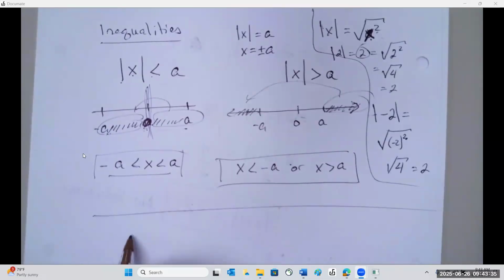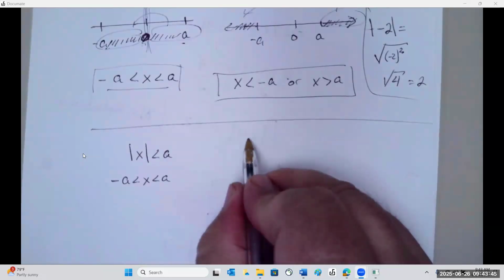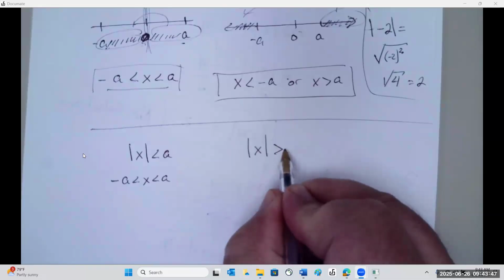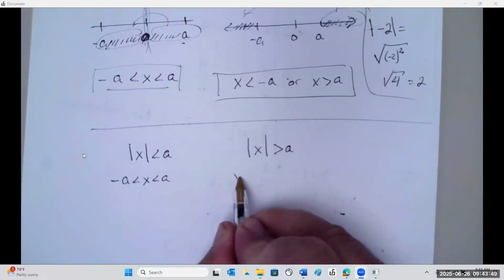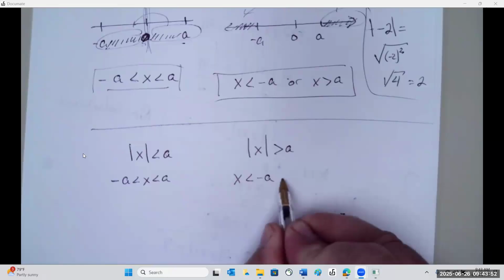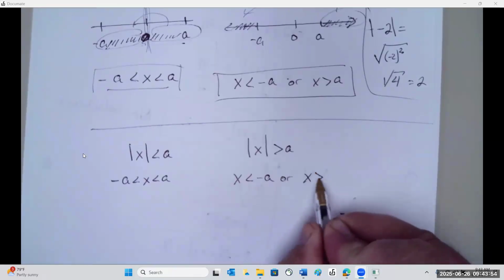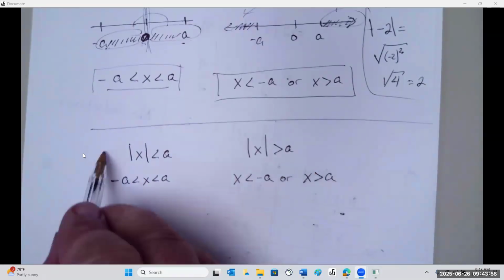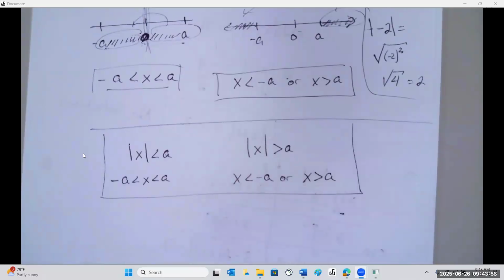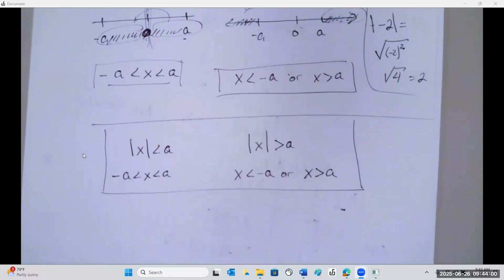So these are the rules. All you have to do is, you don't have to memorize it.